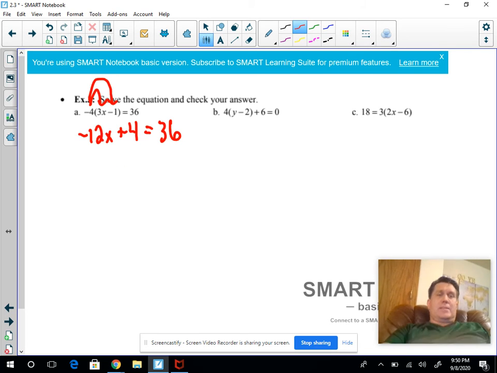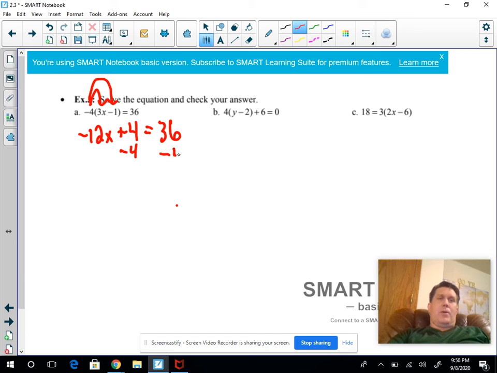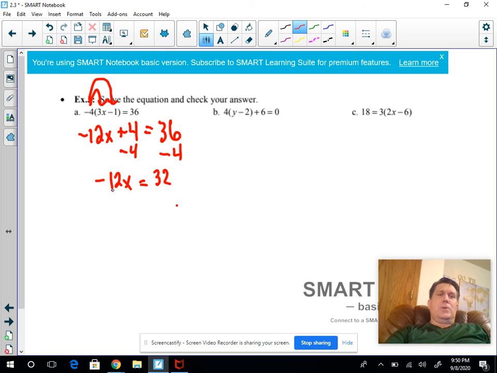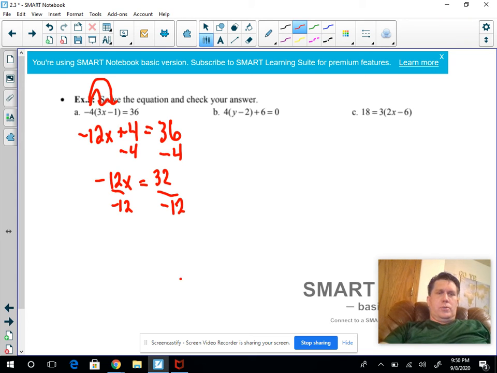All right, next, so that's one step we did. Remember, multiple steps. We're going to subtract 4 now, and we get -12x equals 32. We divide by -12, and we get 32 divided by -12.